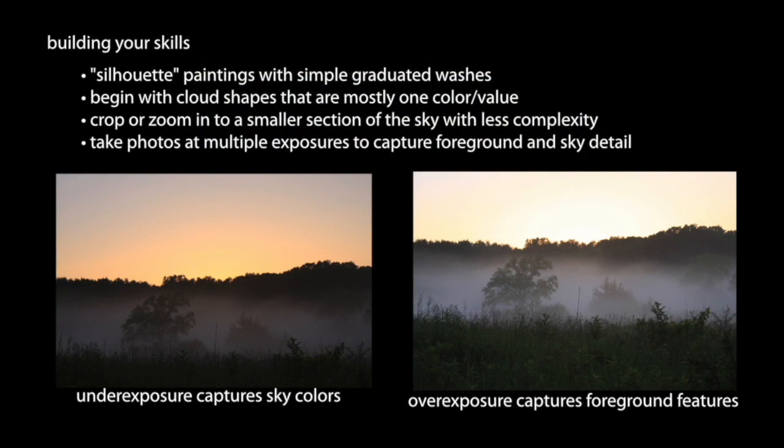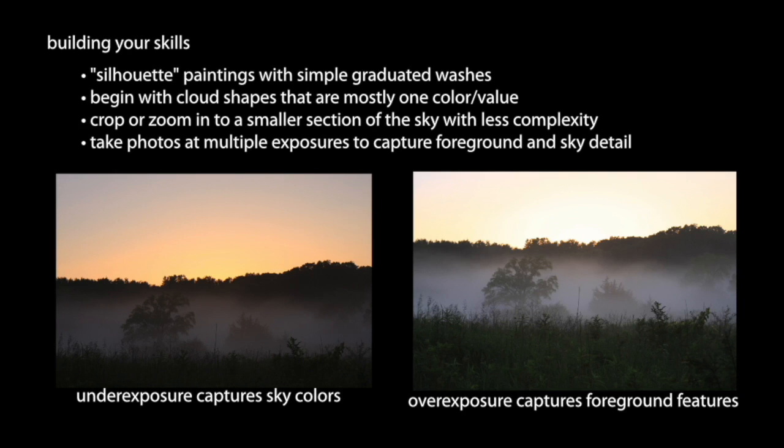When shooting towards a sun, at sunrise or sunset, it's difficult to capture both the color in the sky and enough detail in the foreground. One way to do this is to shoot multiple exposures. If you underexpose slightly, you'll capture more color in the sky. If you overexpose slightly, you'll capture more foreground features.